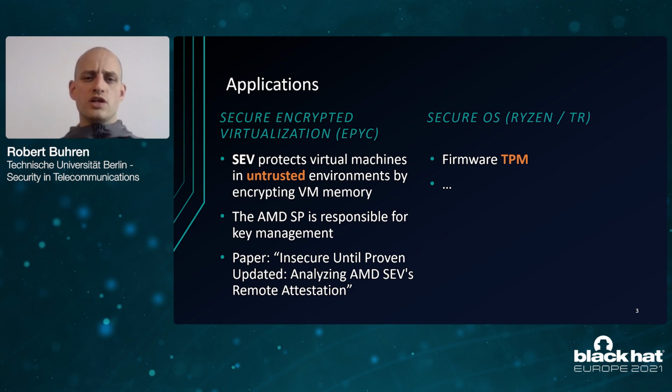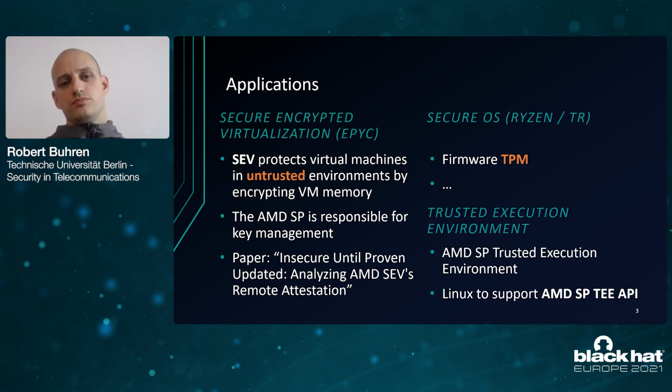Now on the desktop side, on Ryzen and on Threadripper CPUs, there is a dedicated secure OS running on the secure processor. And one of the applications that it hosts is a dedicated firmware TPM. So if you use a firmware TPM on an AMD system, your firmware TPM will be executed on the secure processor.